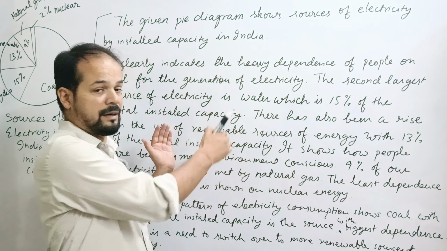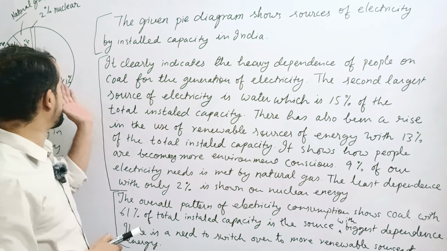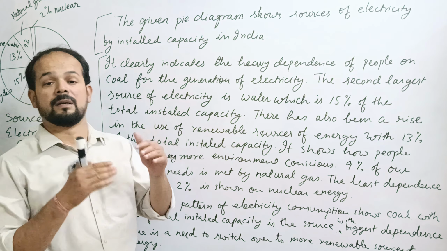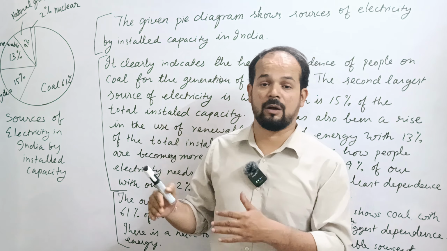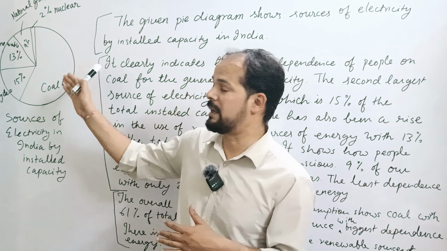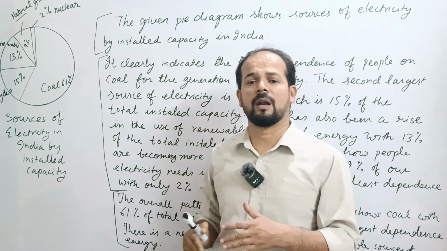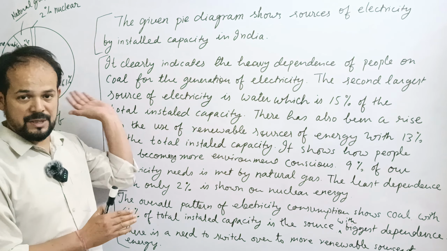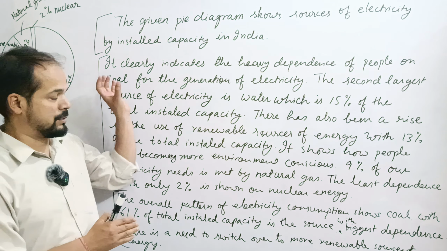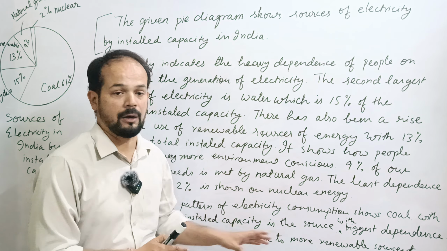To make a better analytical paragraph, you need to have an accurate observation of the pie diagram, or the data or the figures that are given in the form of pie diagram or graph or table, or other clues that will be provided to you in the question only. So you have to closely observe things and you have to write it down.